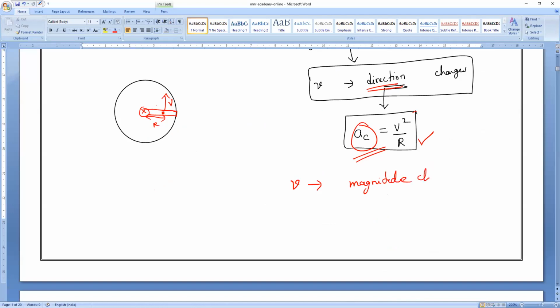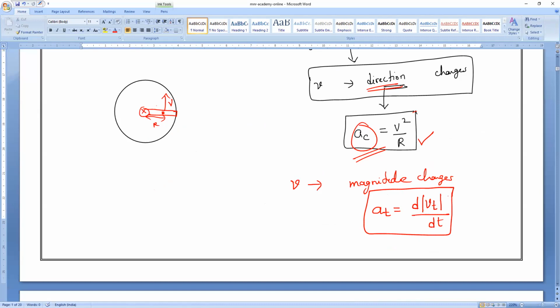Remember, when magnitude changes, the body in circular motion is having AT, the tangential acceleration. Tangential acceleration means the differentiation of magnitude of velocity, d|V| divided by dt. This is what we call tangential acceleration.